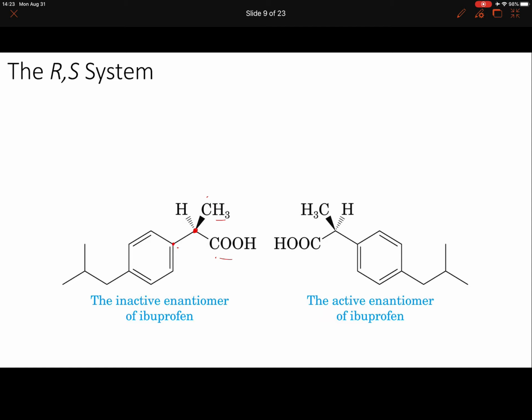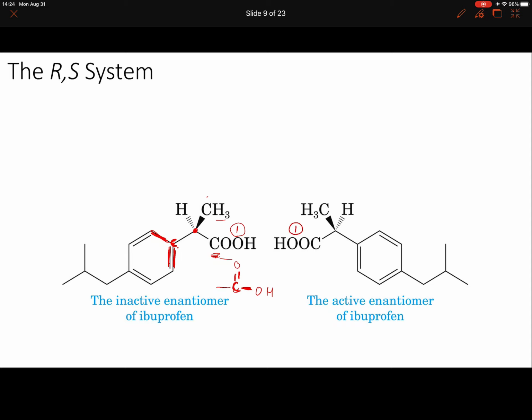This carbon here is double bonded to a carbon, so that would be like a carbon with 2 bonds to carbon, as opposed to this carbon over here that has 2 bonds to oxygen. And just to show you what this group looks like, this is a C double bond O, OH. So this carbon literally has 3 oxygen bonds here. Over here, this carbon literally has 1, 2, 3 carbon bonds. So 3 bonds to carbon versus 3 bonds to oxygen, oxygen wins. So this is going to be our highest priority group.